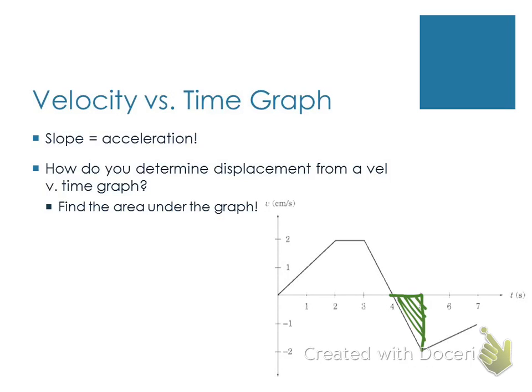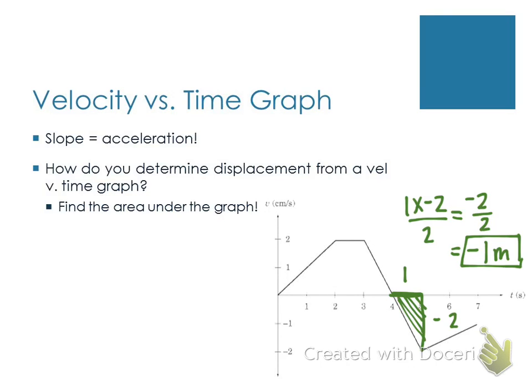So this side of the triangle is 1. This side of the triangle is -2. And it's negative because we're moving backwards. So we're going to take 1 times -2 over 2. Which gives us a displacement of -1 meter.